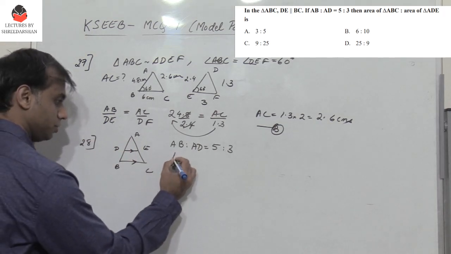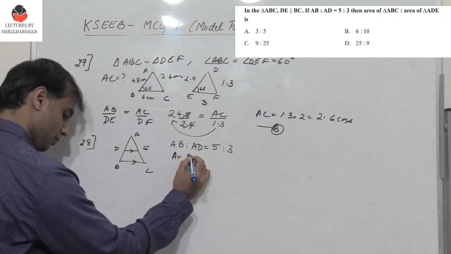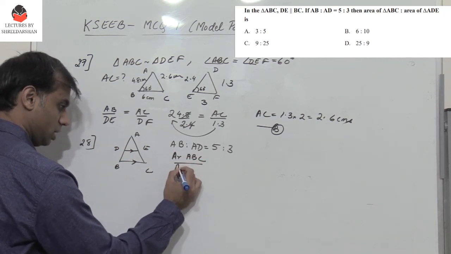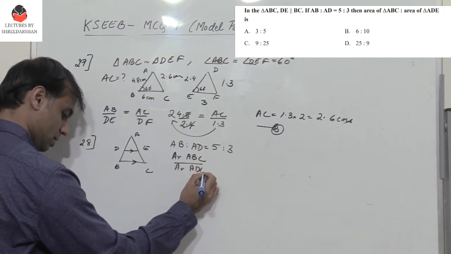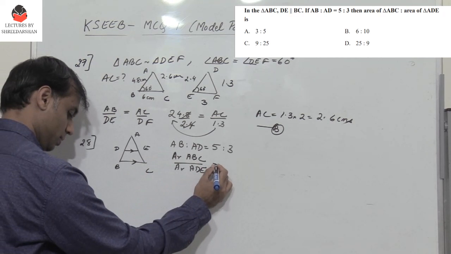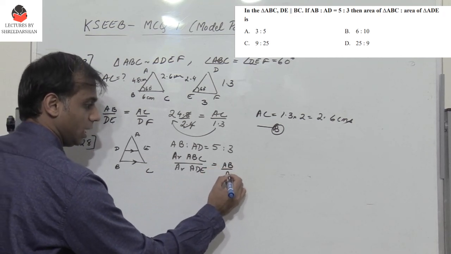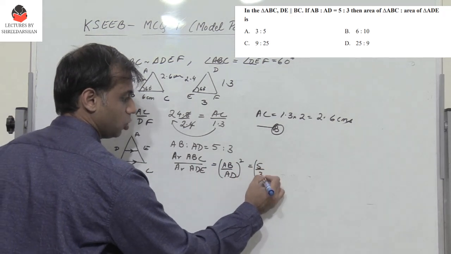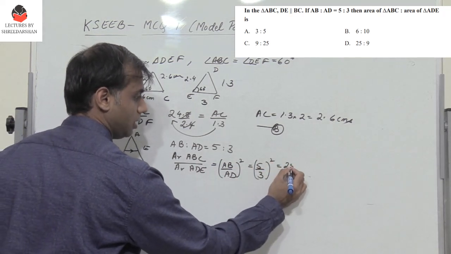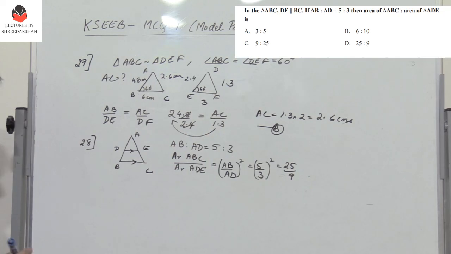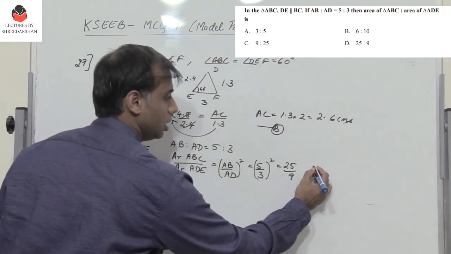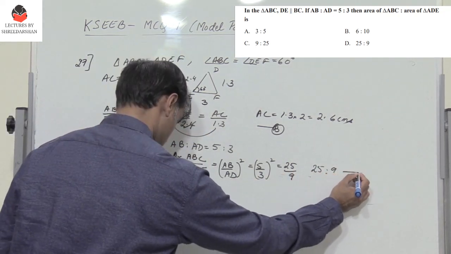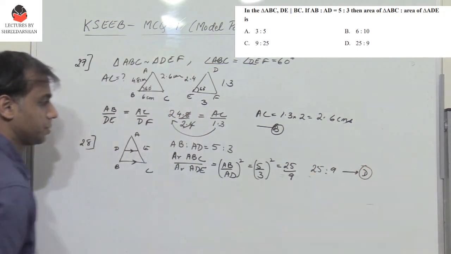So therefore, area of ABC divided by area of ADE will be equal to AB by AD the whole square, which is 5 by 3 the whole square, or it is 25 by 9. So the ratio is 25 by 9, or 25 is to 9, and the option is D.